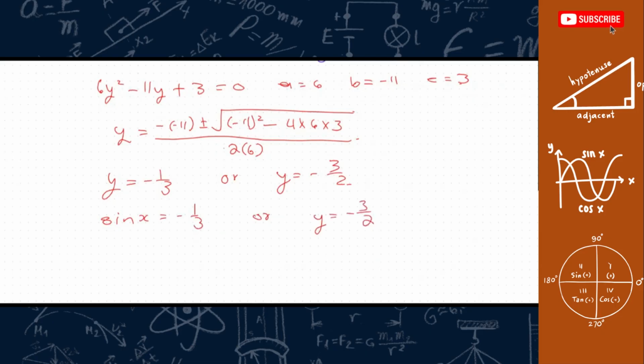Now, if you were to draw your normal sine graph, you will note that the maximum value is 1 and the minimum value is negative 1. So a minus 1.5 will not exist. So from that, we can say this is not applicable. The only thing that's applicable is this.